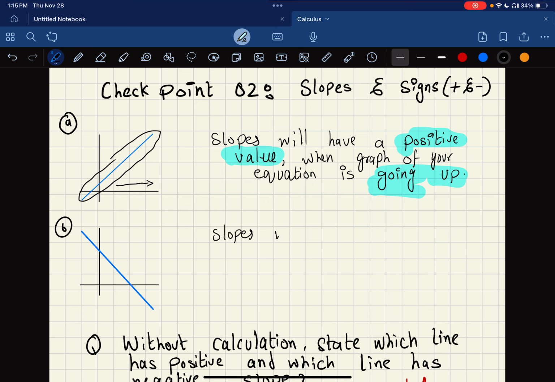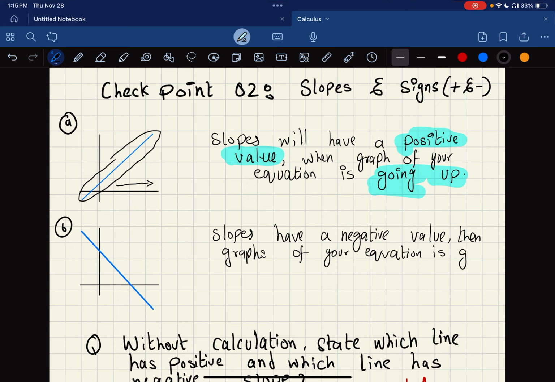And of course, if slopes have a negative value, then the graph of the equation is going down, again from left to right.